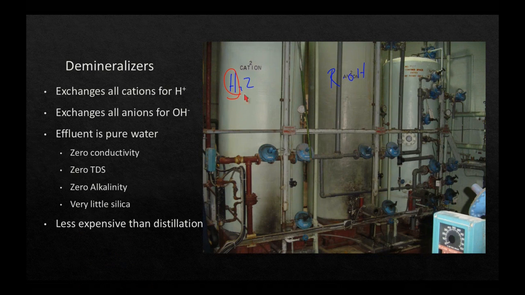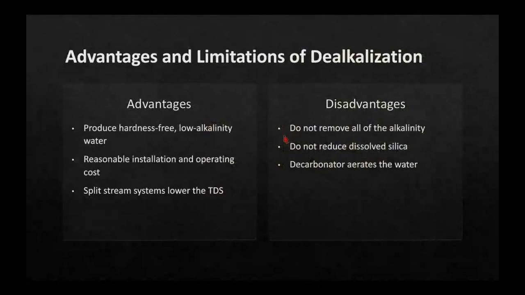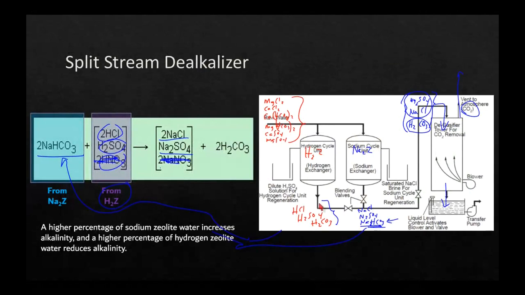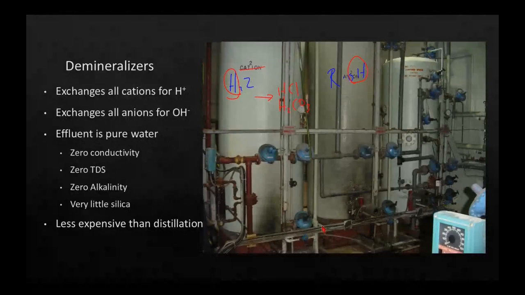So the cations are going to get H2, the anions are going to get OH, and what we end up with leaving the cation exchanger is dilute hydrochloric acid and carbonic acid, because this is what we get out of a sodium zeolite exchanger, right? Or pardon me, hydrogen zeolite. This stuff here, hydrogen chloride, hydrogen sulfate, and carbonic acid, that's what leaves a hydrogen zeolite softener.